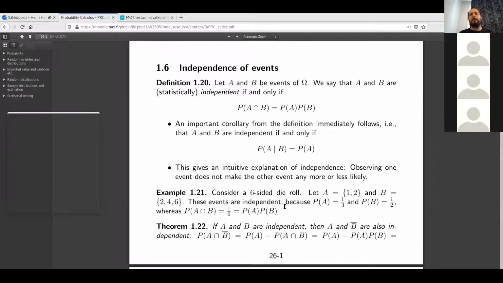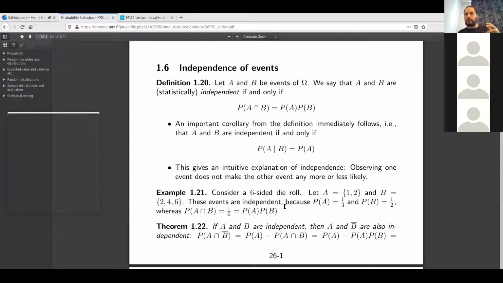All right. So we say that A and B are independent if the probability of both happening can be gained by simply multiplying the probability of A happening and the probability of B happening. We define it in this way, but really I think the best way to understand independence is through conditional probability.